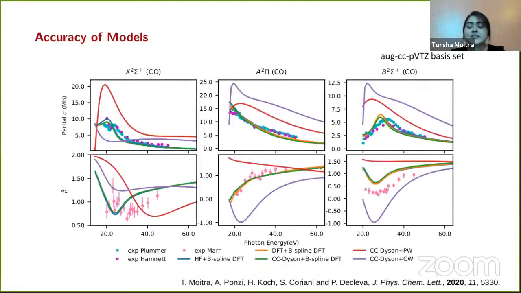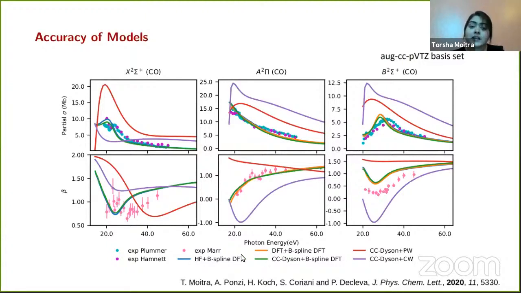First of all, we tested the accuracy of these individual approaches for describing the bound and the continuum part. For that, we chose to study the 3 lowest energy ionizations of CO molecule. First of all, we keep the description of the continuum part constant to B-spline DFT and vary the description of the bound state from Hartree-Fock to DFT to CC Dyson, which are shown by the blue, orange, and green lines.